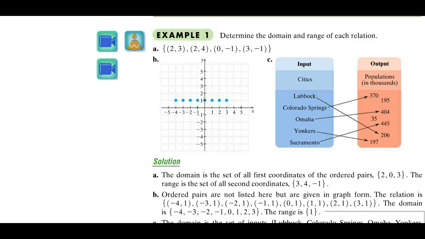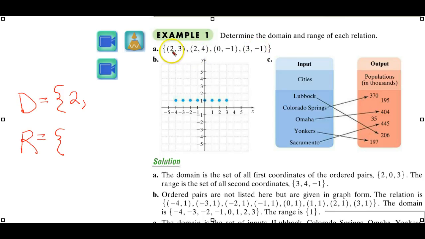Well, as we look at the series of ordered pairs, I would suggest you put it this way in your notebook: domain equals, and then we're going to set it up in roster notation. So we have a 2. Now we see the 2 is repeated, so this would not be a function.